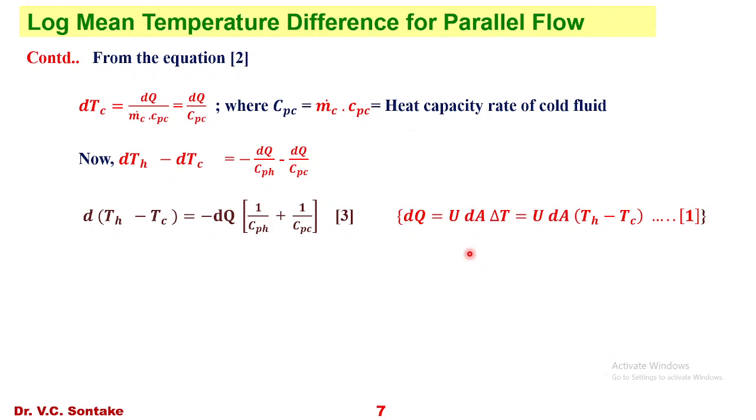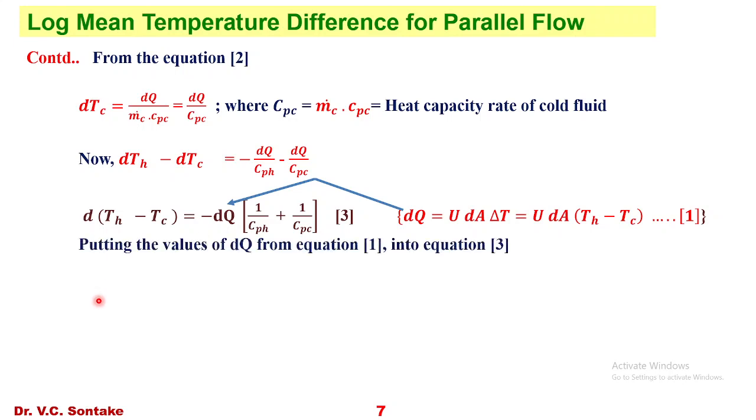Now we have equation number 1 like this: dq is equal to U into dA into delta T, which is equal to U into dA into Th minus Tc. From this equation 1, let us put the expression for dq into equation number 3. So equation 3 will convert to this form: d of Th minus Tc is equal to, putting the value of dq, minus U into dA into Th minus Tc into 1 upon capital Cph plus 1 upon Cpc.